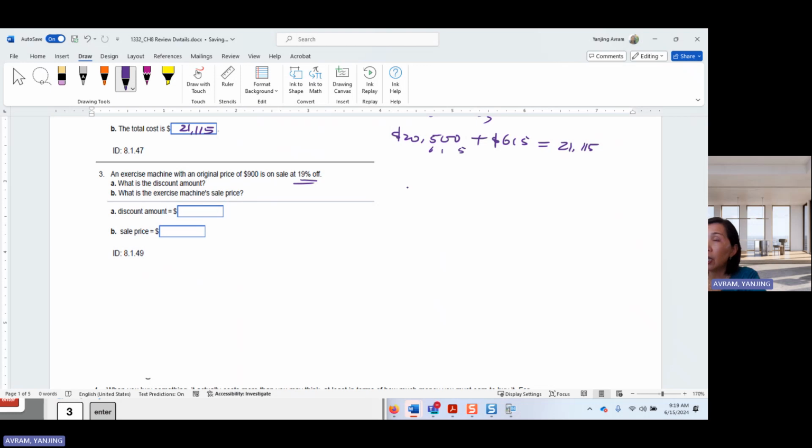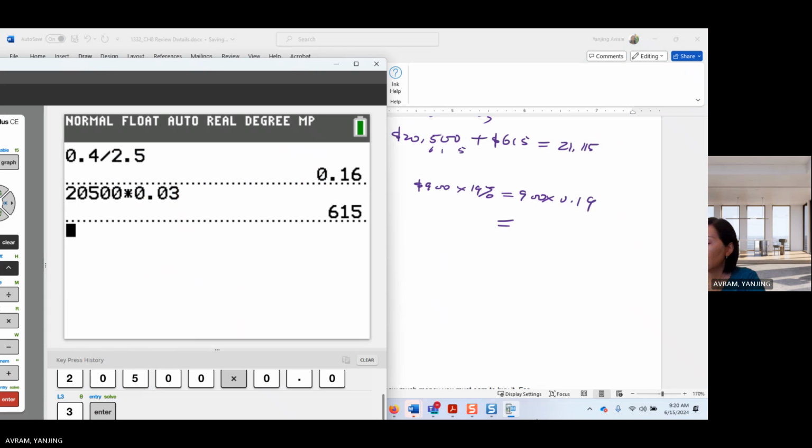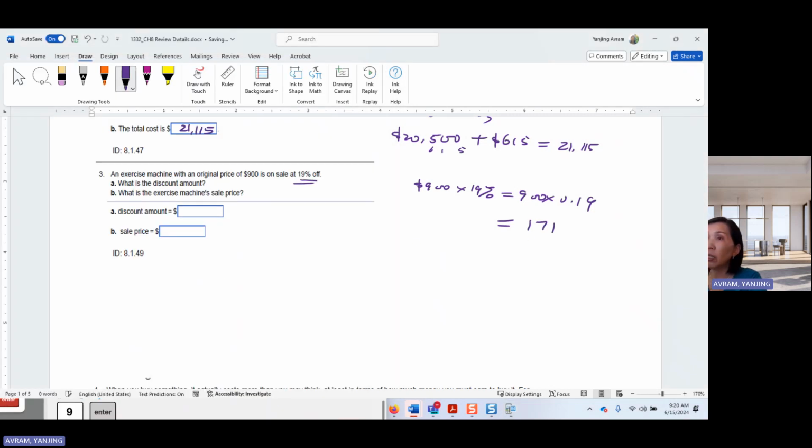So the discount amount will be the original price times 19%, okay? And that is 900 times 0.19, and you can put it in a calculator. So that's 900 times 0.19, that will give you $171. All right, so that is a $171 discount.